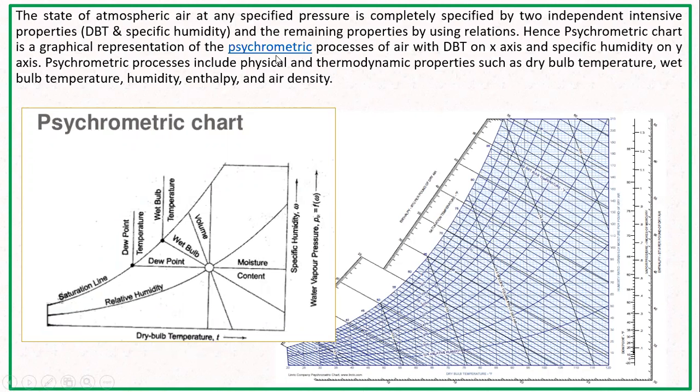The psychrometric chart is a graphical representation of these, wherein the x-axis is the dry bulb temperature and on the y-axis we have specific humidity. Using this psychrometric chart, we can obtain certain thermodynamic properties, find the conditions of the air, and many other properties can be obtained using this chart.